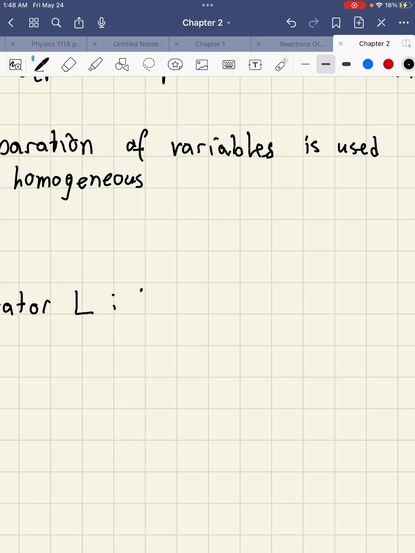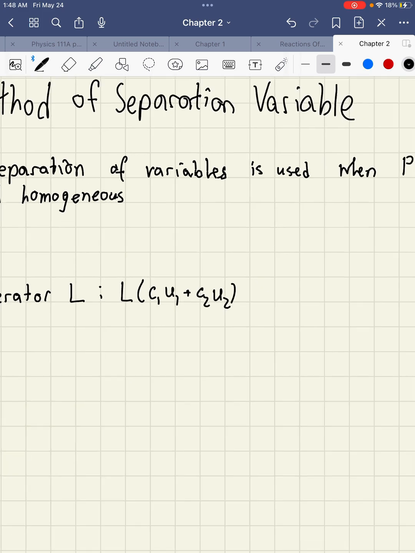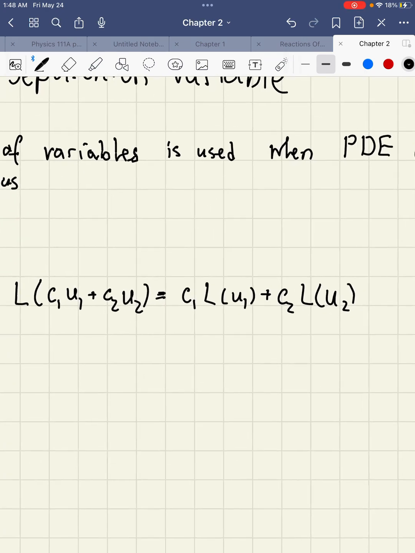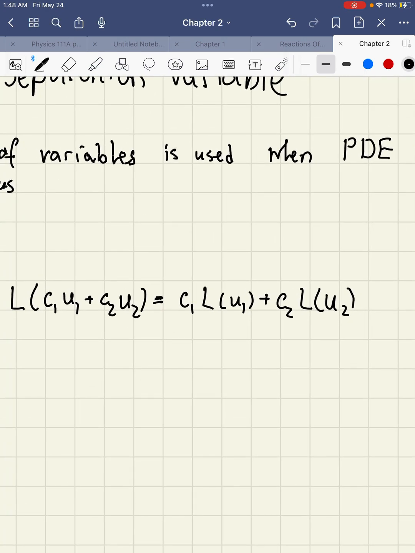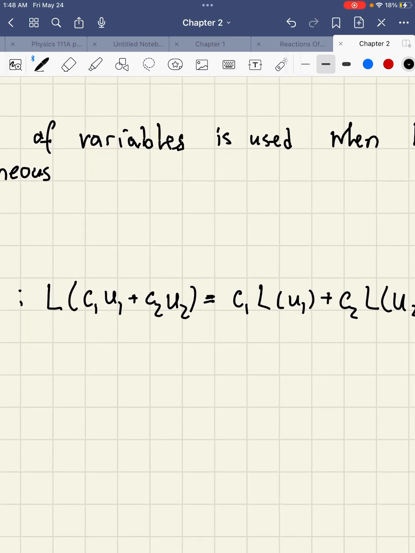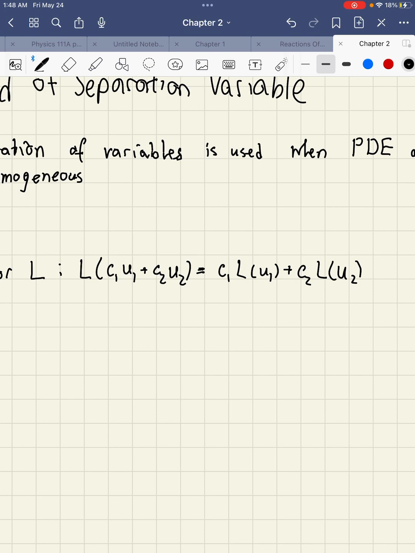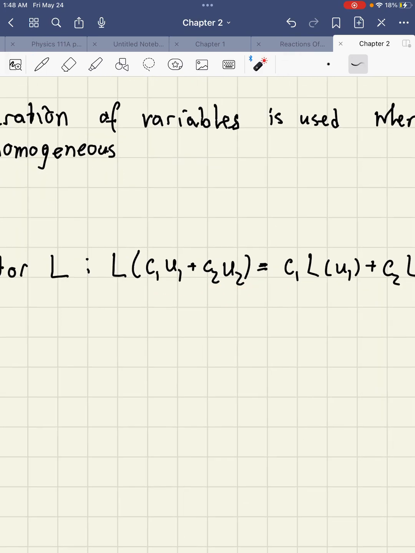If I apply the operator to functions that are linearly combined, then my operator will be linear if it satisfies this equation, where u are the unknown functions, the c's are constant coefficients, and L is the mathematical operator that I apply to my unknown functions. If it follows these conditions, then it's a linear operator.